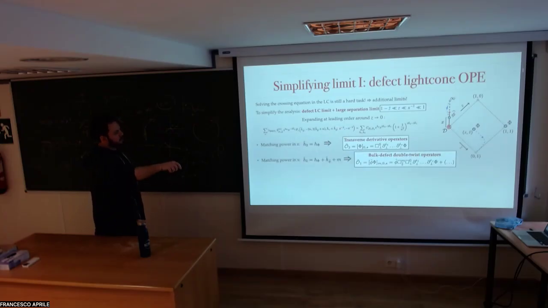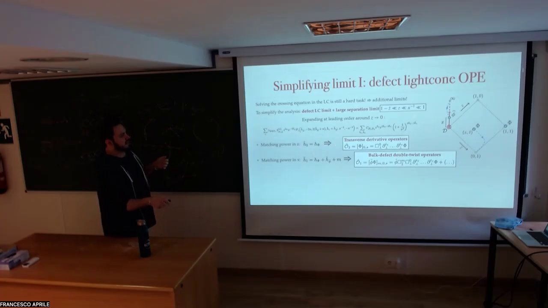Then, by matching instead the other cross ratio, so the power in 1 over x, we can fix the other exchanged operator in the defect channel, and we discover this new family of operators, which we call bulk-defect double twist operators. And you can see this bulk-defect double twist operator as a double twist of the transverse derivative operators with the external defect operator.